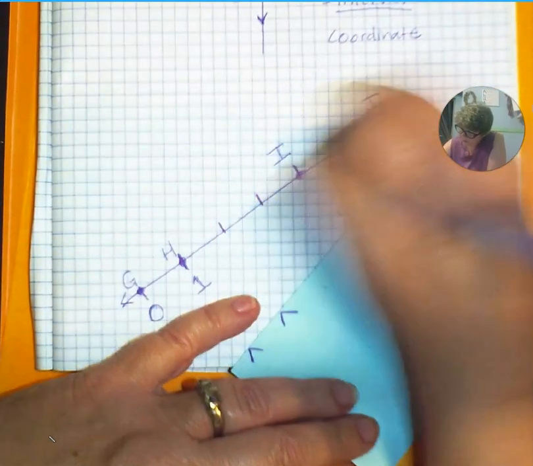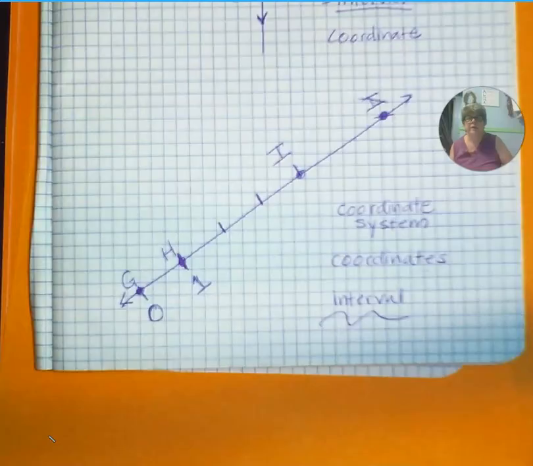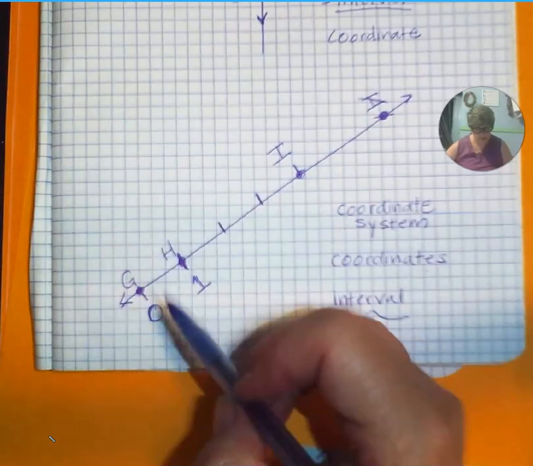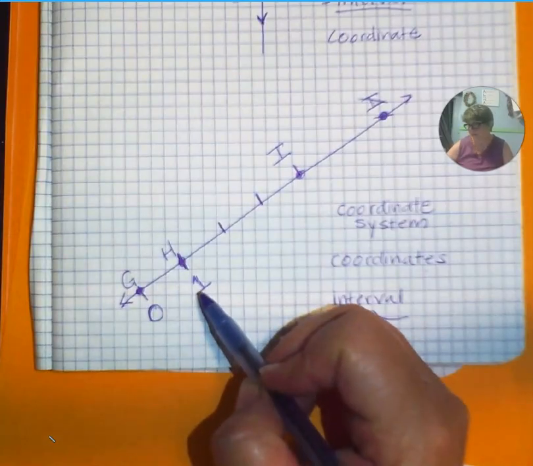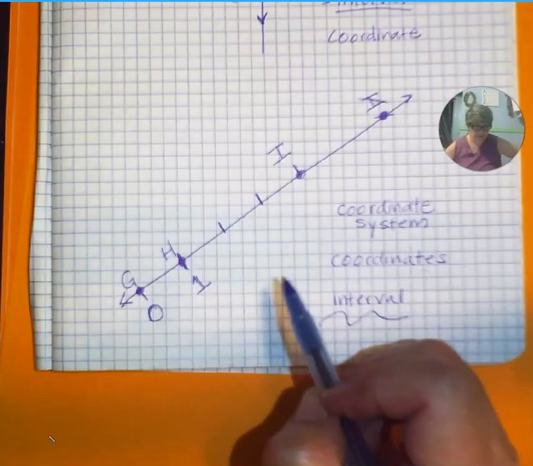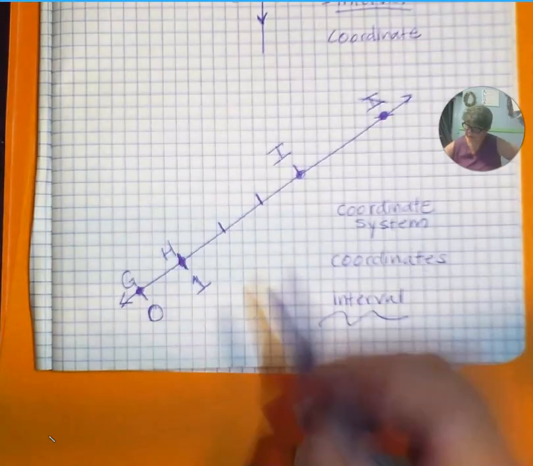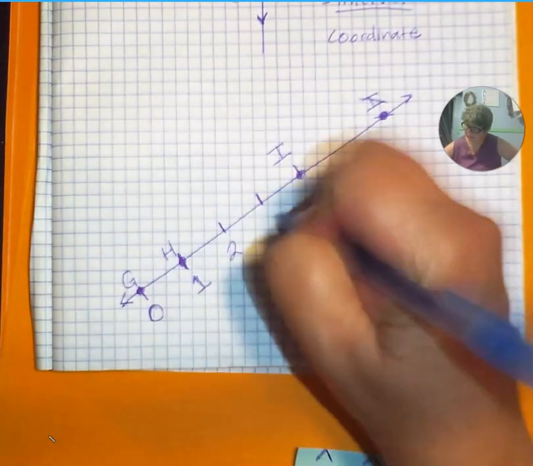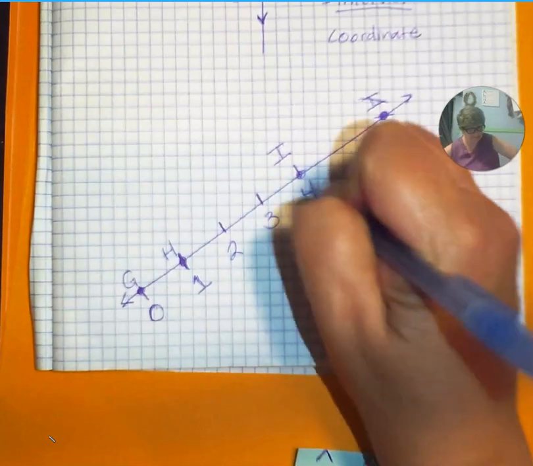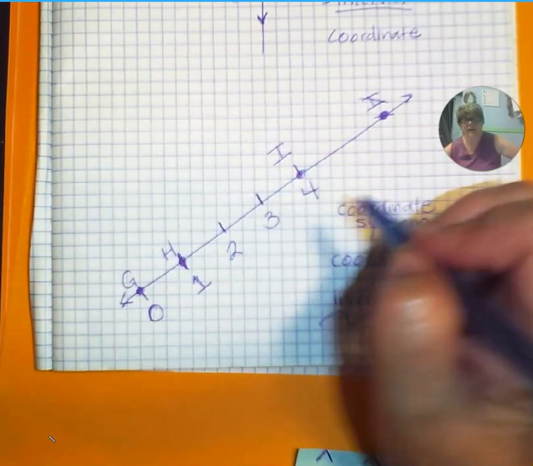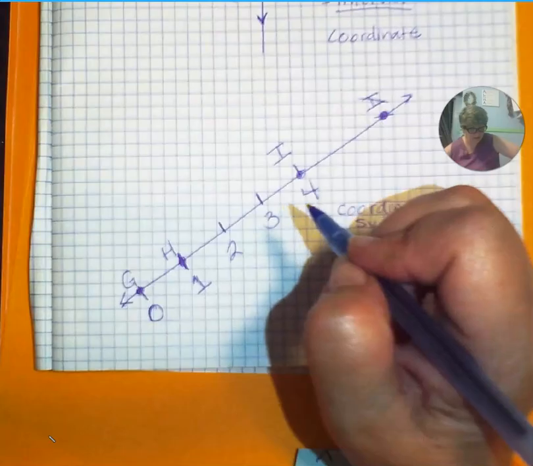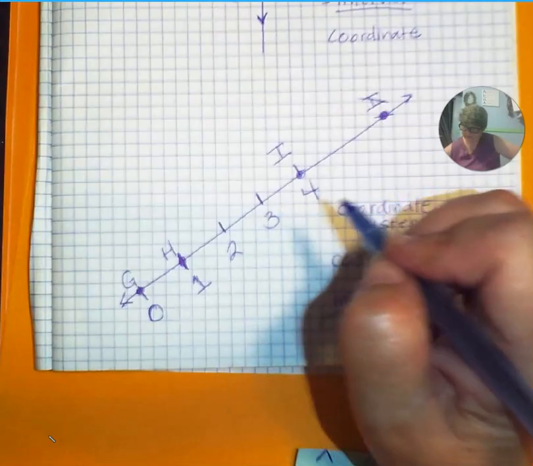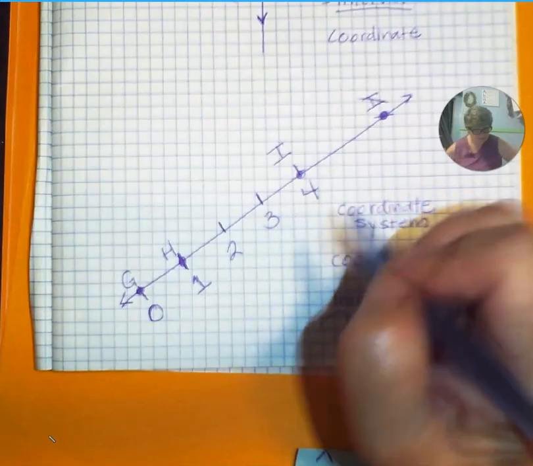So I'm just going to erase mine from over there. Okay. If these tick marks are 0 and 1, what values do the other tick marks represent? 2, 3, and 4. Yeah? Can we identify the coordinate of each point now? Yes? Okay, you see them very clearly.